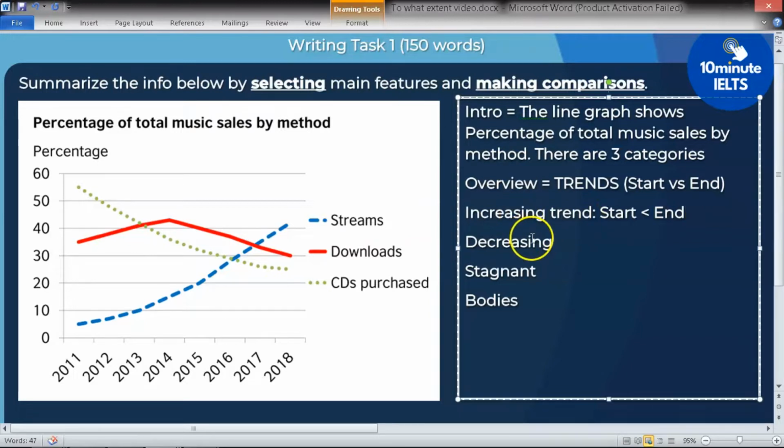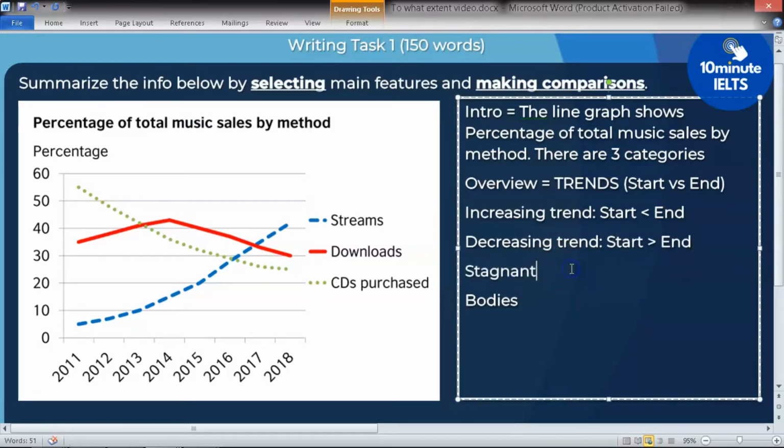If we're going to look at CDs purchased, however, where it starts in 2011 with a higher point, but it ends in 2018 with a lower point, then that is what we call a decreasing trend. Again, we don't care about the middle points, we just look at the start being higher than the end.